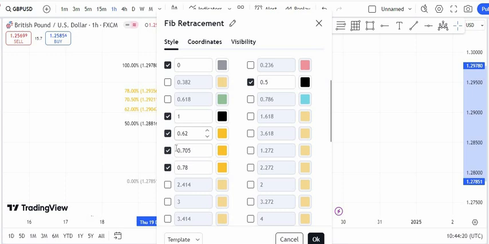And if you see that your level isn't the same digits, you can just edit it by typing 0.5 or any of the levels that I checked that isn't the same as yours. You can just delete and type them in. Right? You can do that. So just remember: 0, 0.5, 1, 0.62, 0.705, and 0.78.